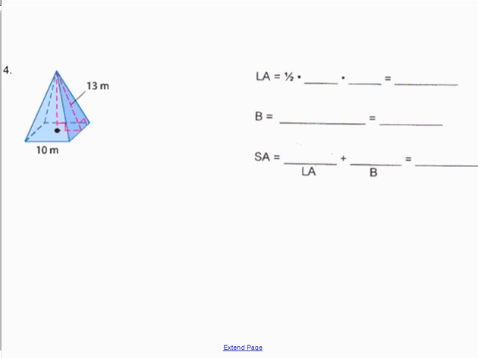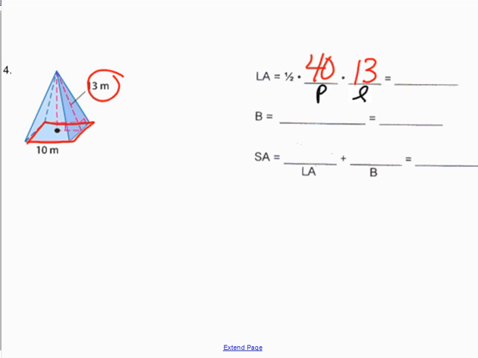Okay, next one. Again, we have a square base, but they did give us the length of a side. That's cool, because then we can figure out the perimeter. So the perimeter of this base is 40. The slant height they gave us is 13.